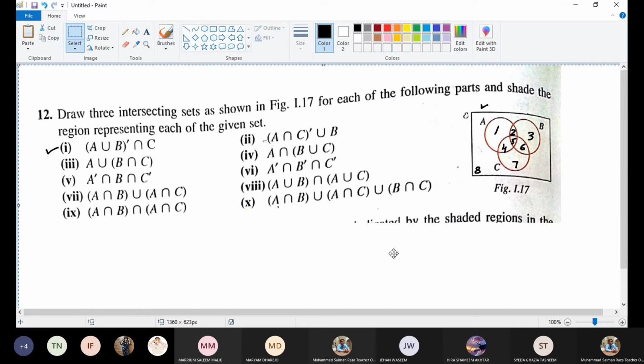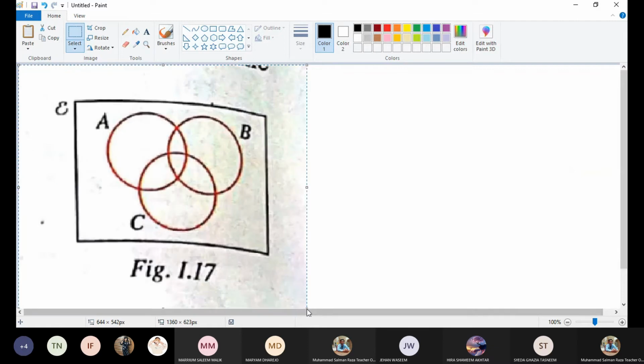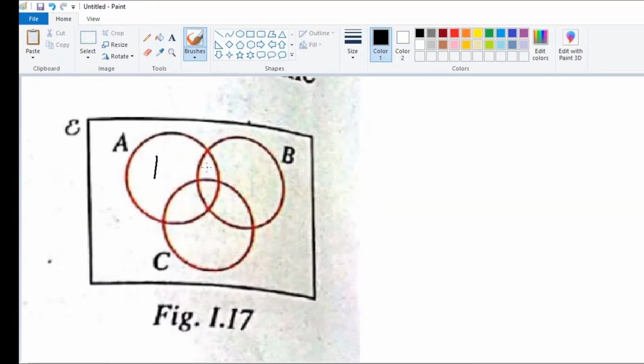Now you can see this picture, with one here, and two, three, four, five, six, seven, and eight over here.